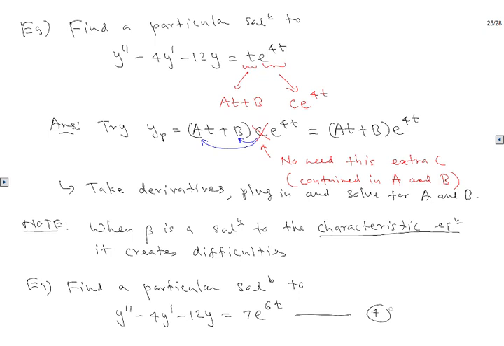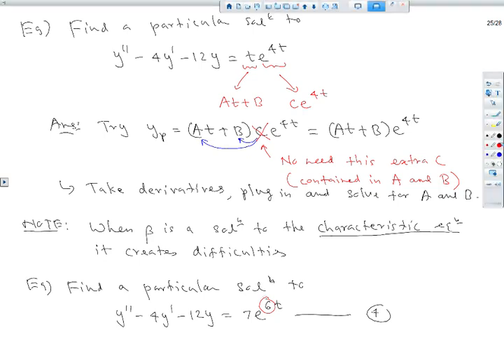Now remember the characteristic polynomial, what are the roots you're going to get? 6 and negative 2. So 6 is going to match now. Let's see where the problem comes from, and try to understand the difficulty here.